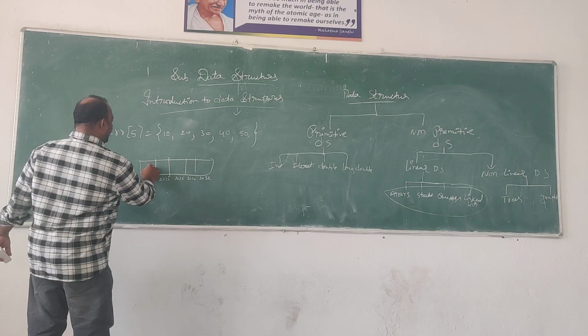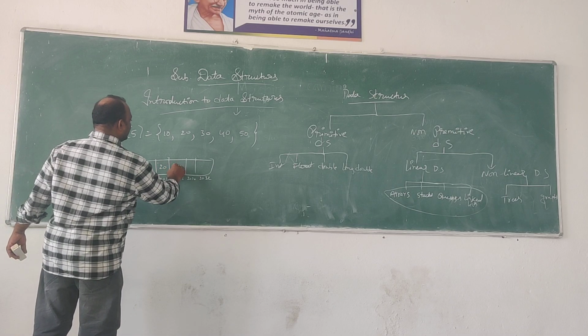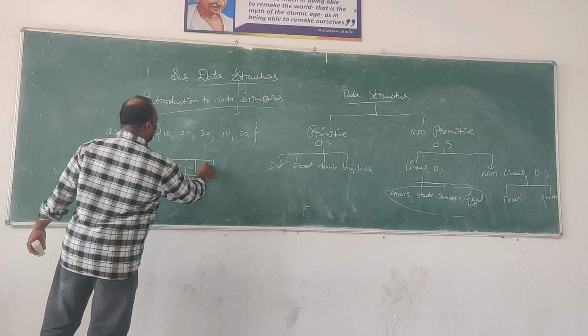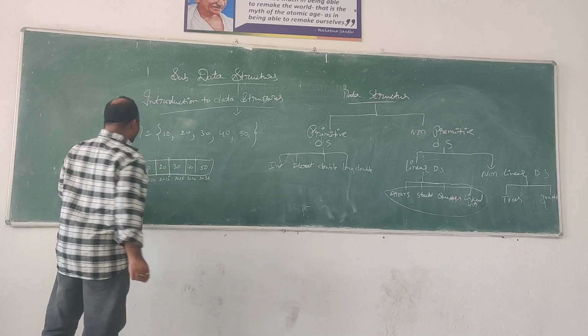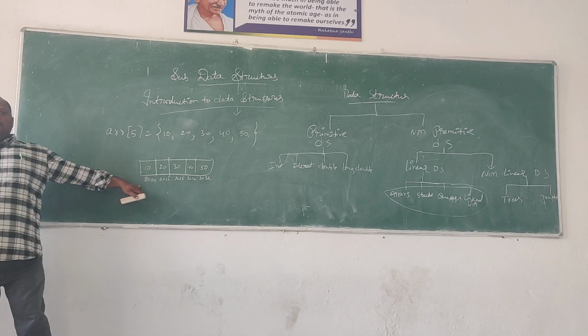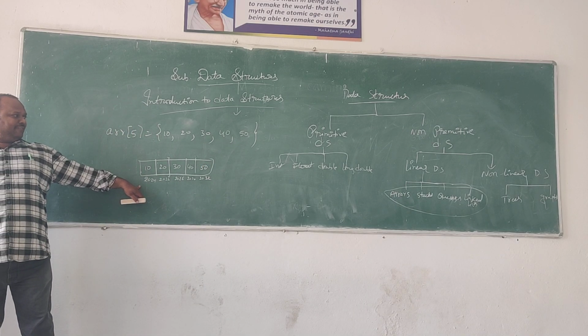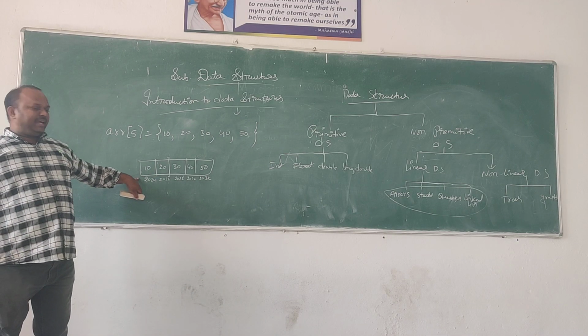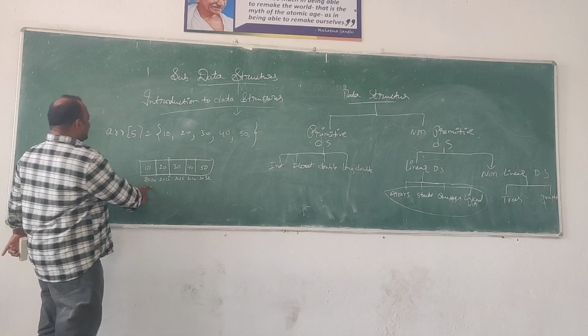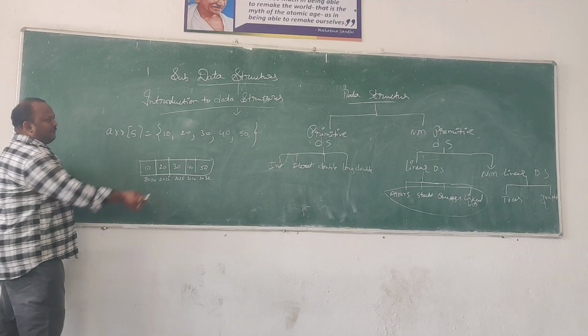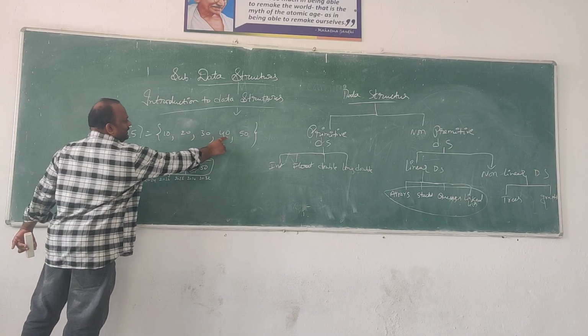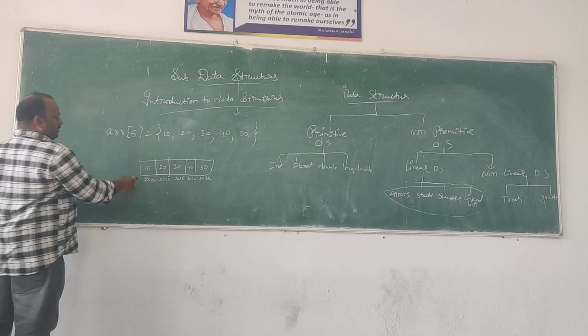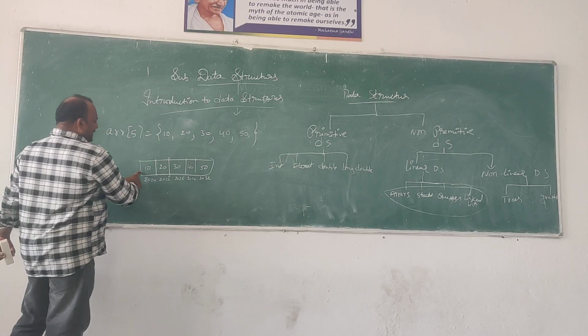We are storing 10, 20, 30, 40 and 50. Indirectly this is also a data structure we already learned in the C programming language. Just again reminding you, this array consists of 5 elements: 10, 20, 30, 40 and 50. In the memory location, it will be stored.